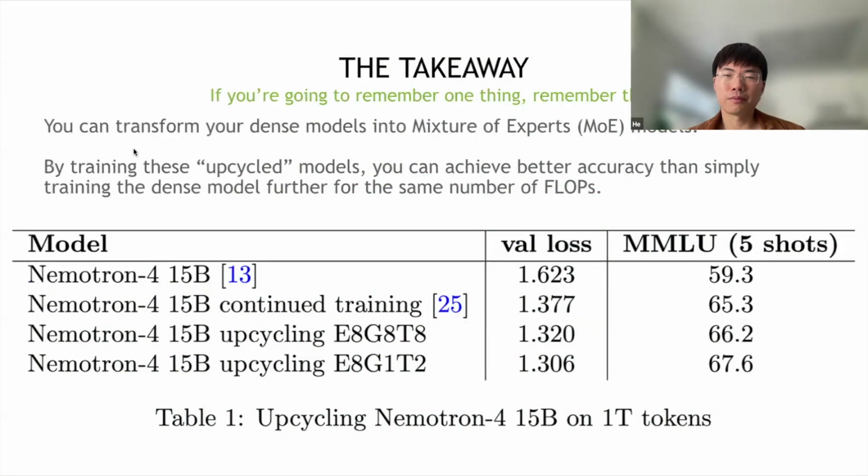Okay, so after the introduction to MoEs, I can jump into our paper, upcycling dense models into a mixture of experts. If you're only going to remember one thing, remember this: you can transform any existing pre-trained dense model into a mixture of experts.